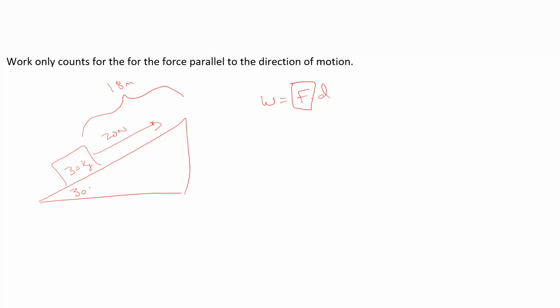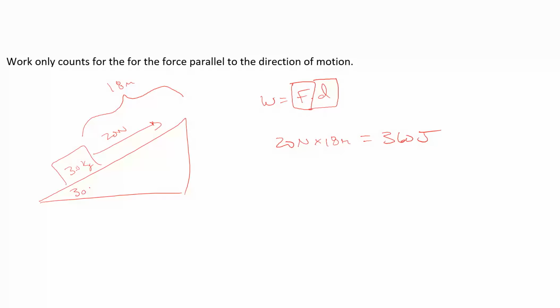Do I have a distance that the object is traveling which is true to its linear displacement? Yes, I have both of those items that I need to find the work. So all I have to do is just multiply 20 newtons times 18 meters, and I get 360 joules.